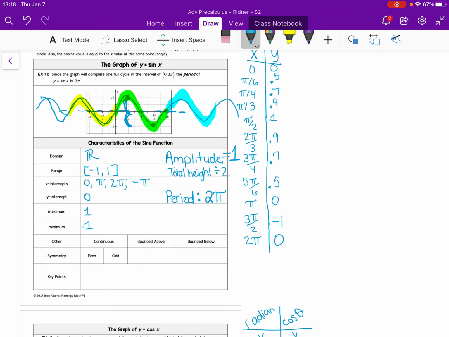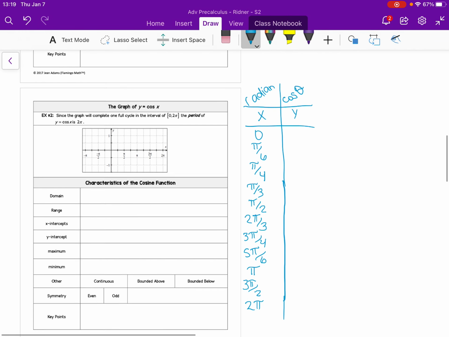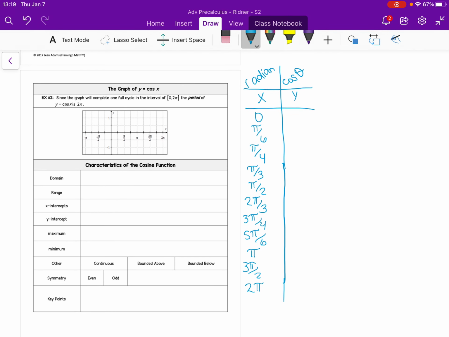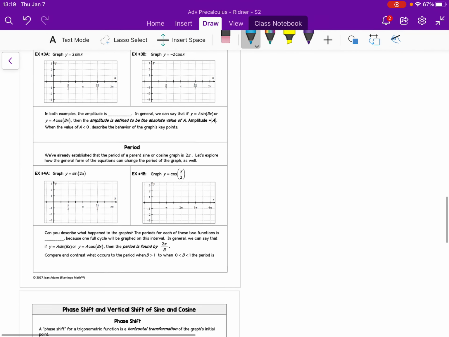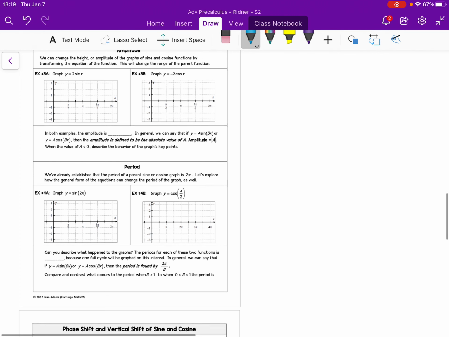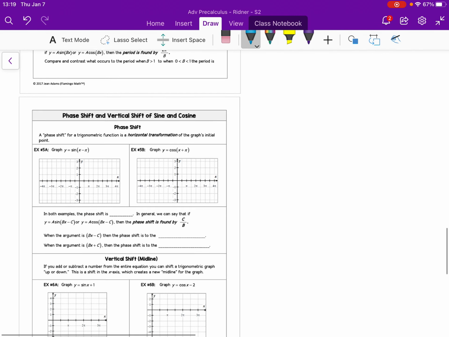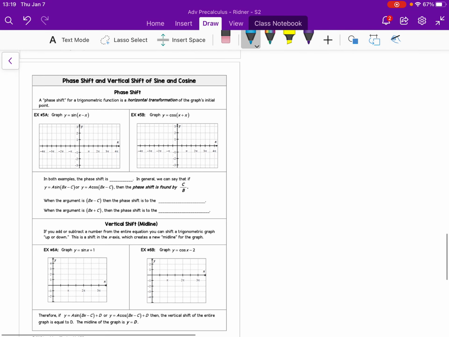Now, I'm going to actually stop the video after this, but please notice we're also going to do the cosine curve. So go ahead and ask yourself, what would be different? What would be the same? We're also going to talk in class about what happens when amplitudes are different, what happens when periods are different than the parent graph, so the basic graph.